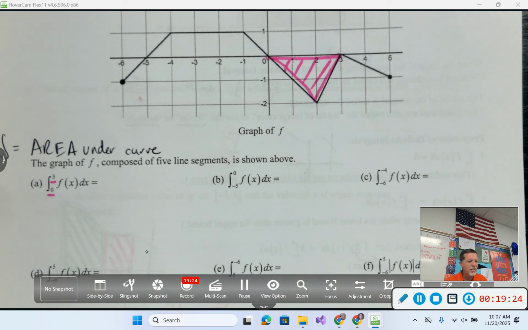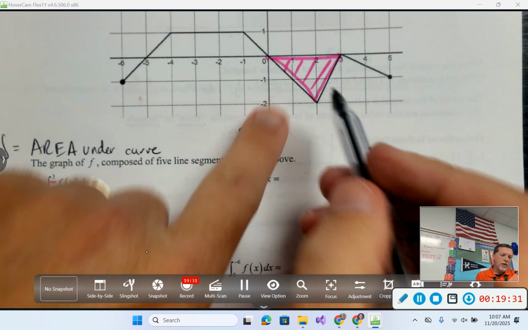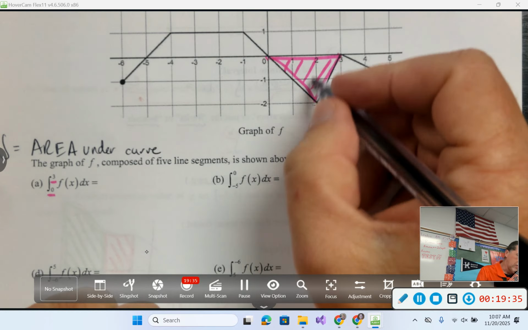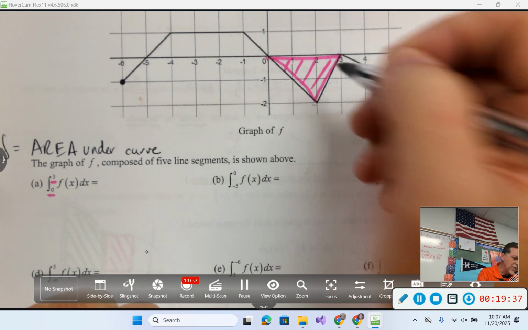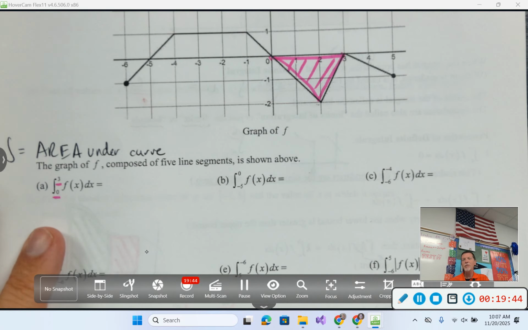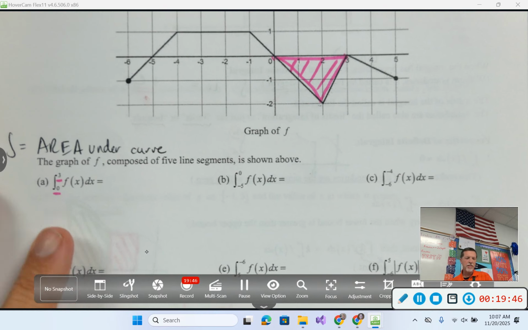Usually our curves are above the x-axis, and we take the area down to the x-axis. Now our area is actually under the x-axis. You want to guess what that does to our answer? Makes it negative. Anytime you switch something in math, something gets negative.